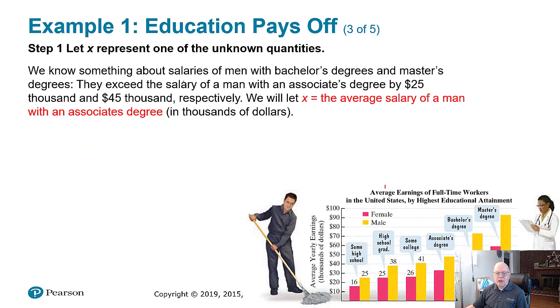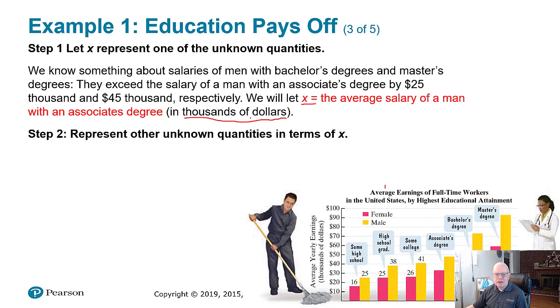So we know something about the salaries, and here's the initial key. Write down what x represents. Write the whole thing out. And also include it's in thousands of dollars, because the x won't be how much the person earns. It's the x in thousands of dollars. Keep that in mind.